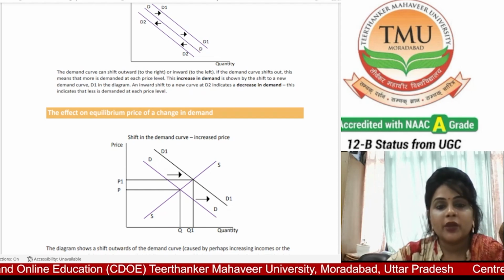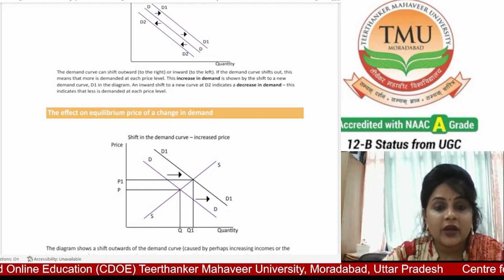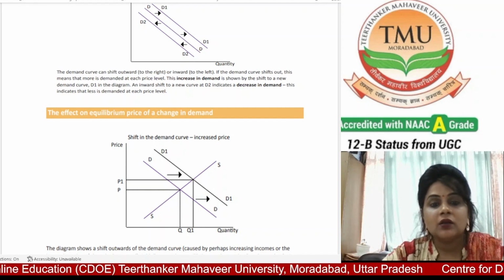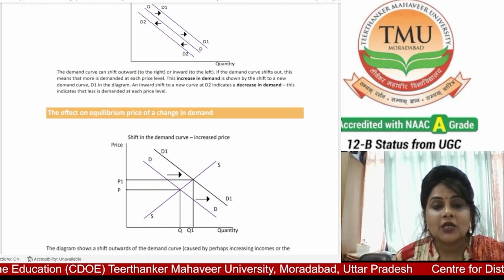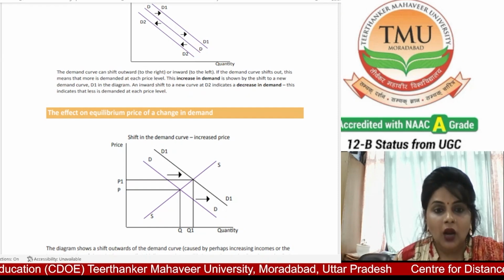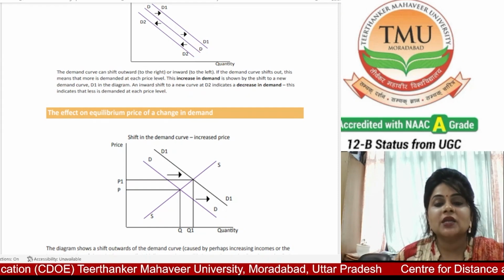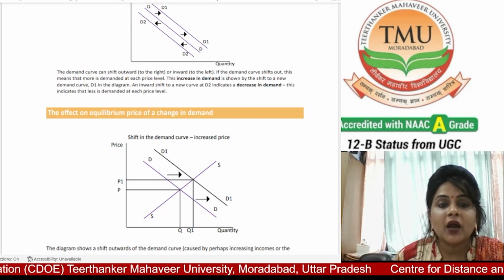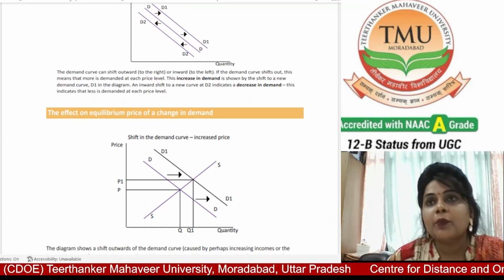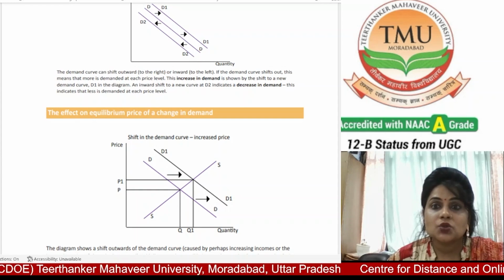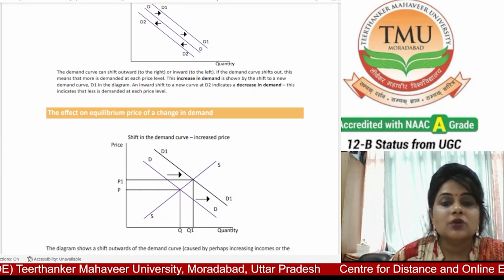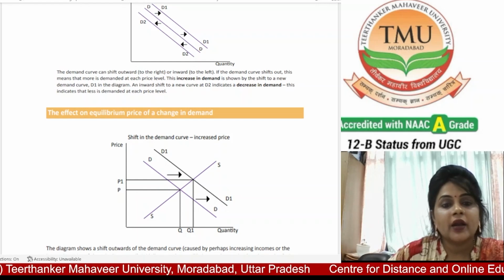A change in population will also have an effect. A larger population needs larger output and more resources, so demand can also shift to the right.